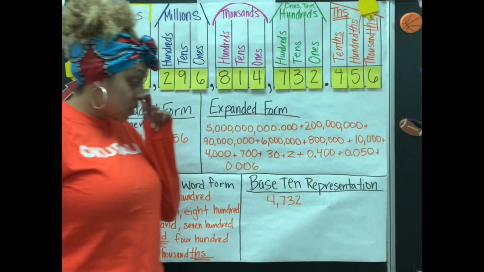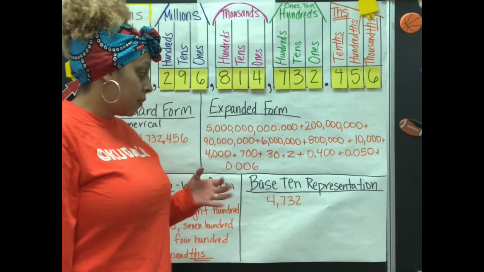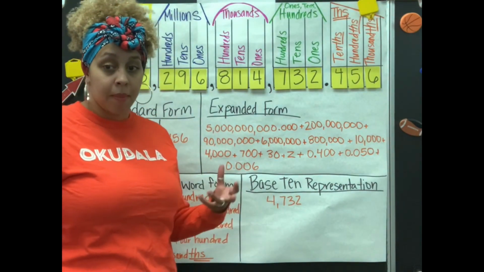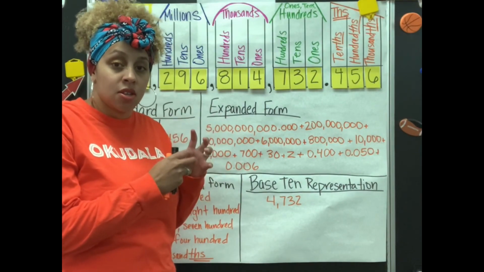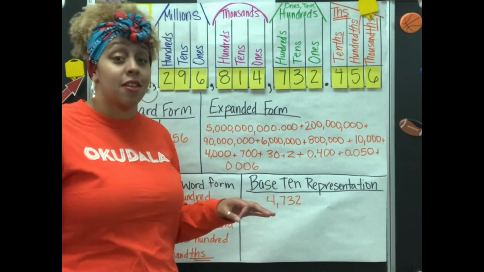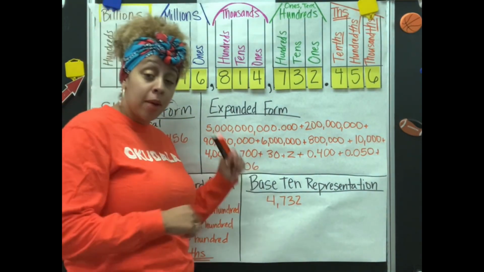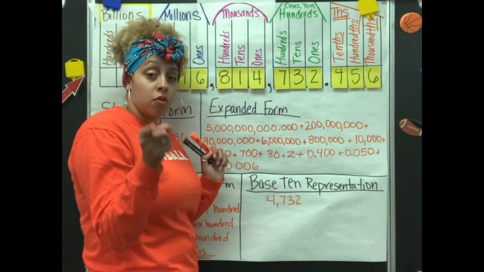So we're gonna model this with this. And what we're gonna do is we're gonna draw stuff to represent it. So we're gonna draw 1,000 blocks. If you remember what our 1,000 block looked like, it was that big block of 1,000 pieces. We're not gonna draw 1,000 pieces, obviously. We're just gonna draw a box and then write 1,000 in it, because if I'm modeling it and I draw something and I say this is worth 1,000, you're gonna say, oh, that's worth 1,000.